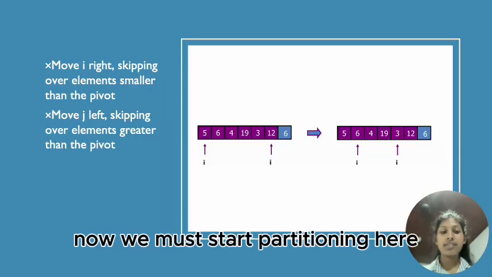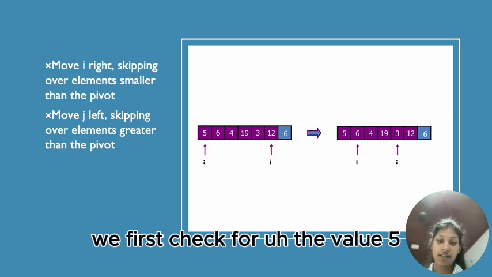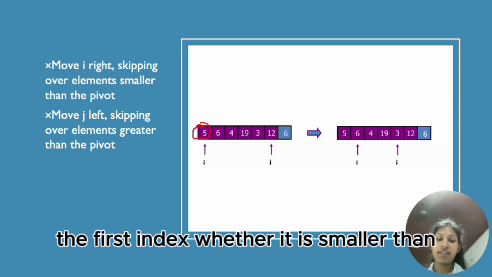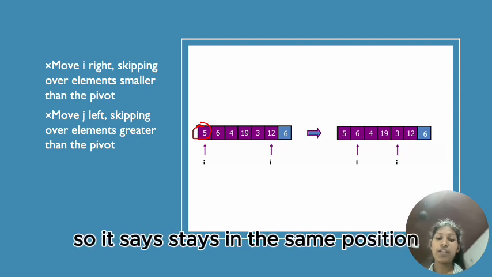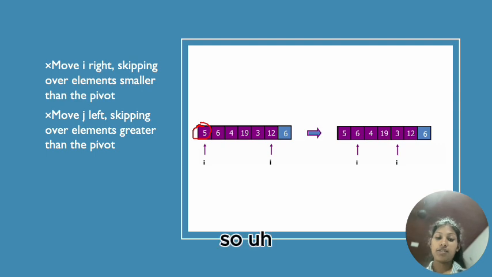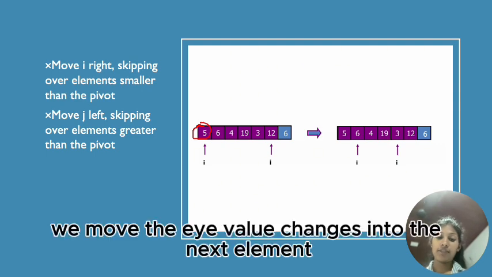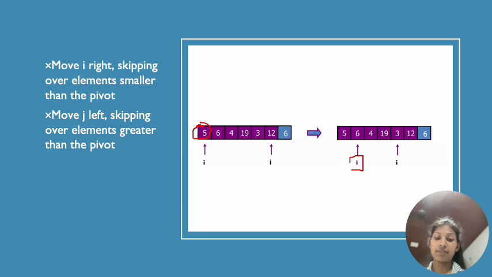Now we start partitioning. First we check the value 5, the first index, whether it is smaller than 6. Yes, it's smaller than 6, so it stays in the same position. The I value moves to the next element.